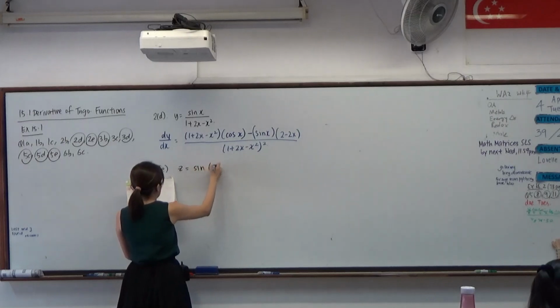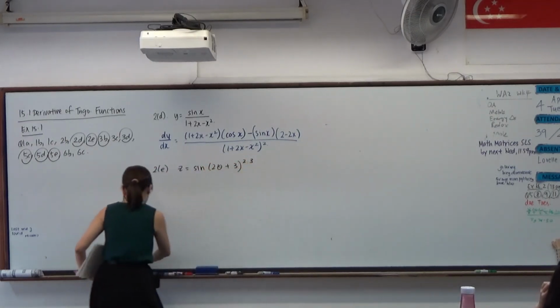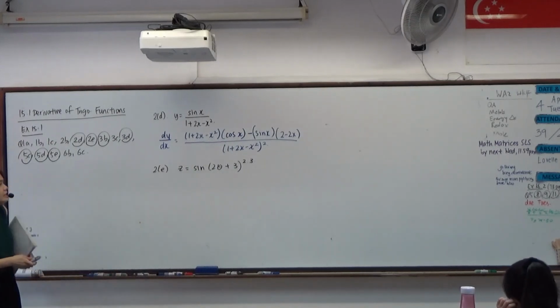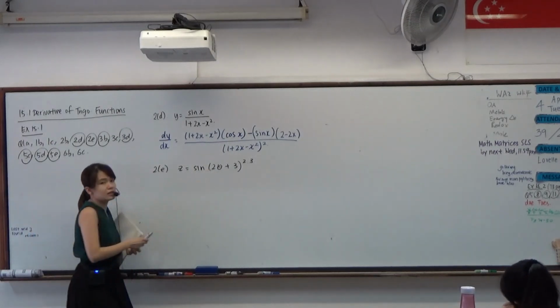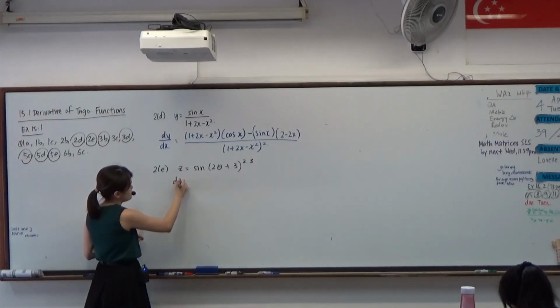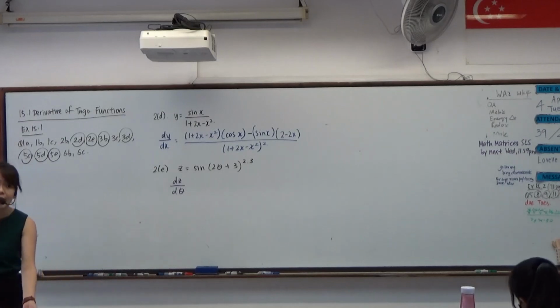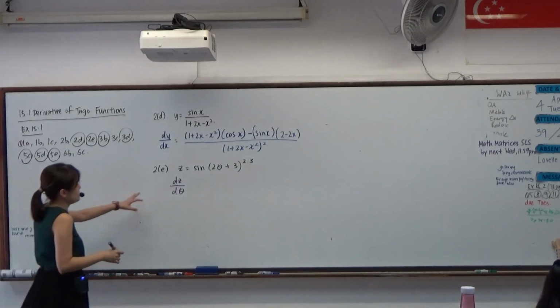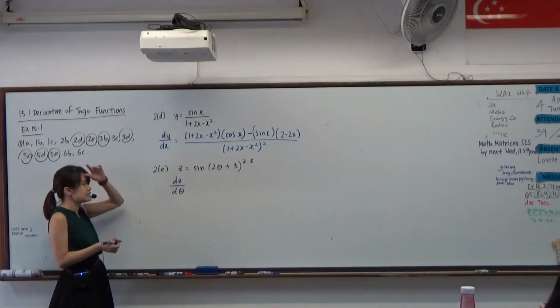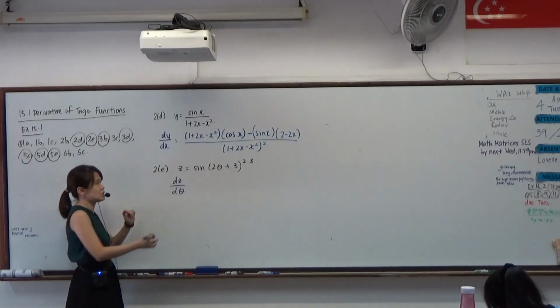This is the one where I did notice some presentation concerns when I walked around that day. This is z in terms of theta. So when we differentiate it, how we present it is that we're looking for dz over d theta. Please don't stick with your dy over dx. Do contextualize it or adapt according to context. We're looking at z in terms of theta, so we should be getting this notation.